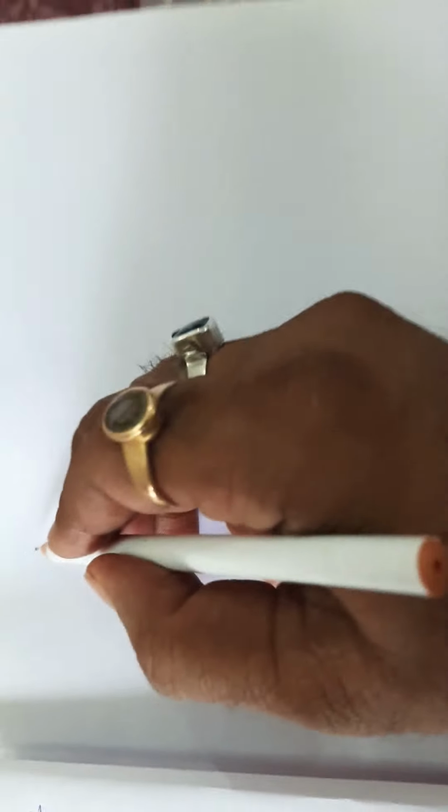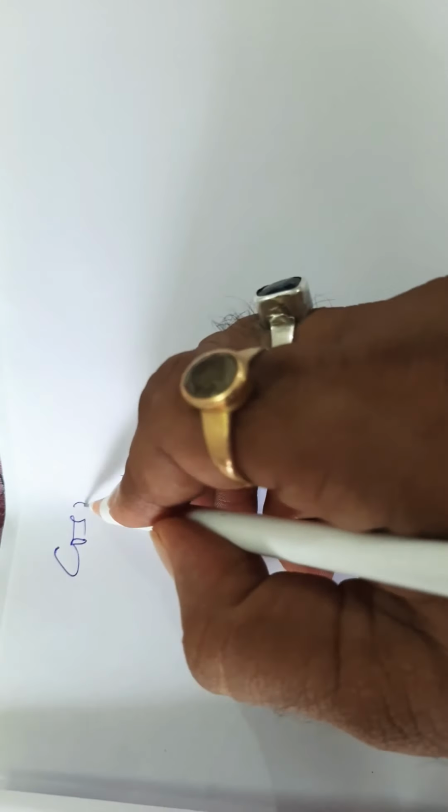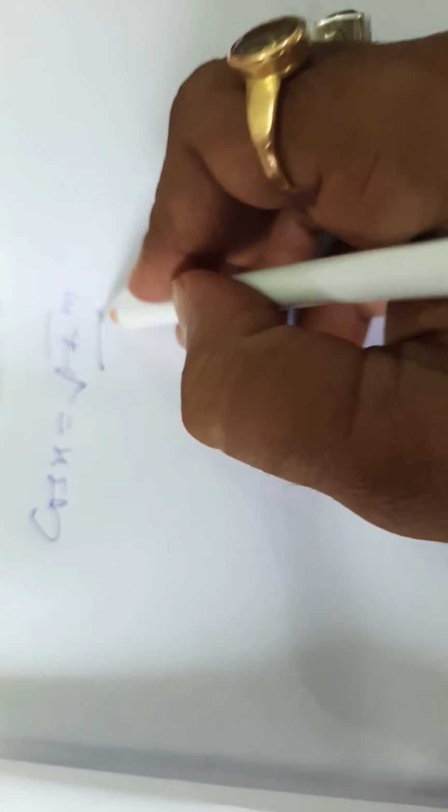Using the trigonometric condition, we'll apply trigonometry. We know cos x is equal to under root 1 minus sine square x. So we'll use this in equation number 3.